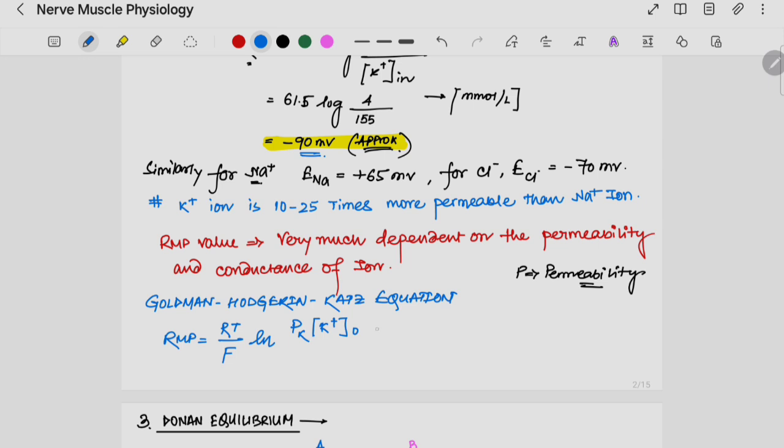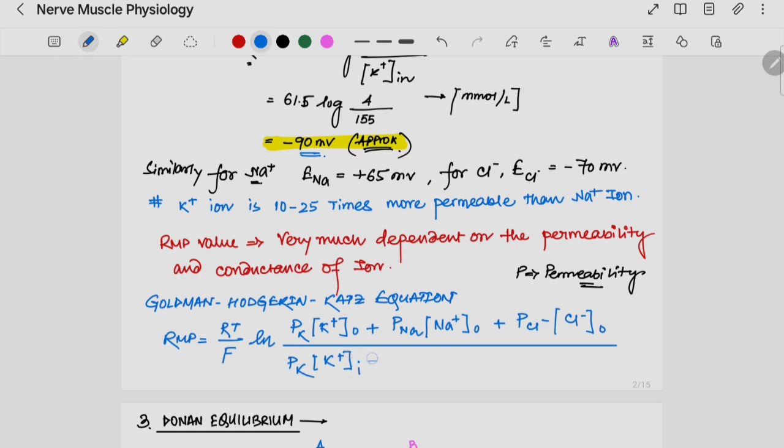Potassium ion outside of the cell plus permeability of sodium into sodium ion outside of the cell plus permeability of the chloride ion and chloride ion outside of the cell, by permeability of the potassium ion into potassium ion inside of the cell, and that also for the sodium ion and also for the chloride ion.